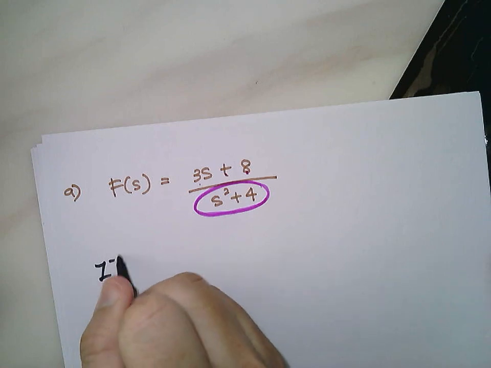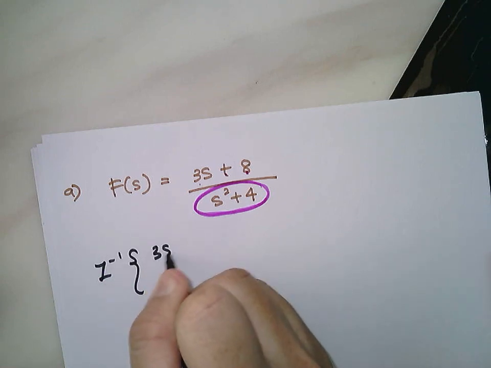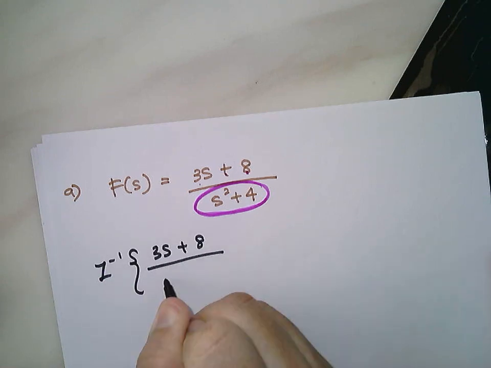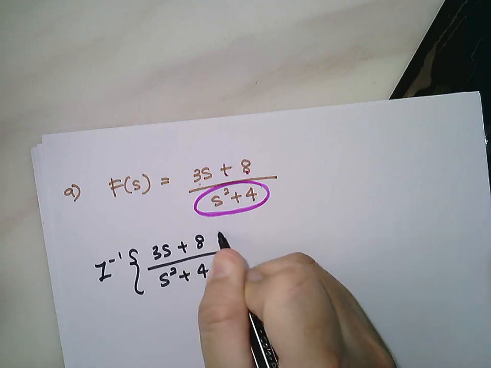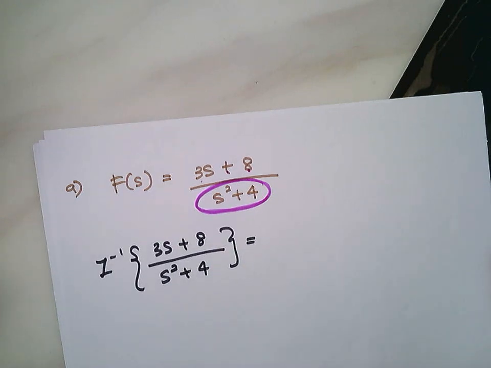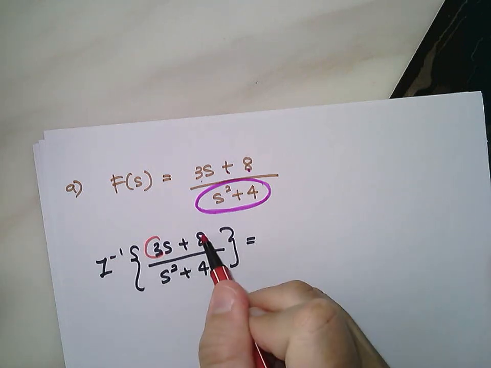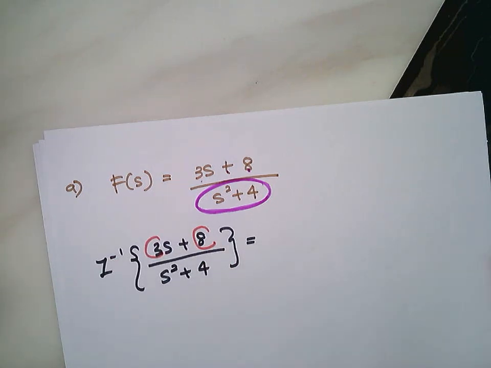So the inverse Laplace of (3s plus 8) over (s squared plus 4) is equal to, as you can see here, what is your constant? 3 is your constant and also 8 is your constant. So you need to factorize.